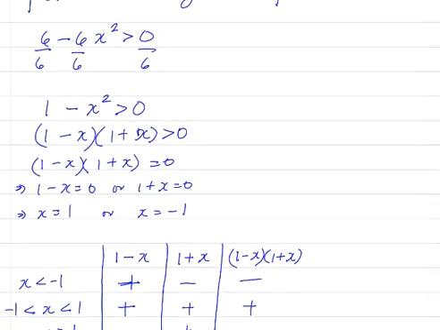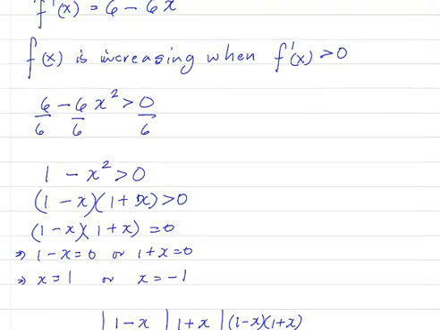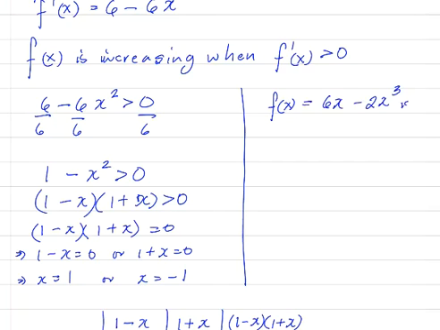So from up here, I can now conclude that f of x, which is equal to 6x minus 2x cubed, is increasing for values of x less than 1 but greater than minus 1.